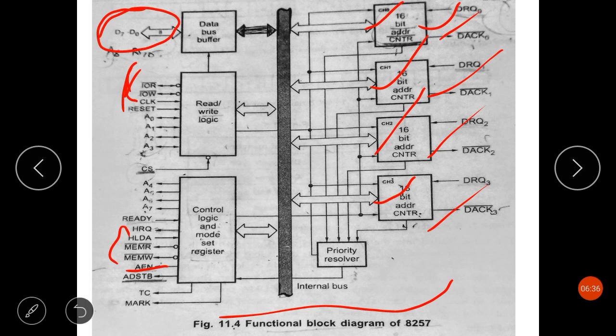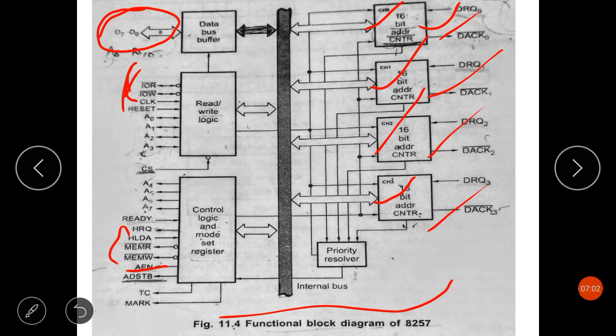The MEMR bar signal is used to access data from the addressed memory location during a DMA read or memory to memory transfer, and the MEMW bar signal is used to write data to the addressed memory location during a DMA write or memory to memory transfer.